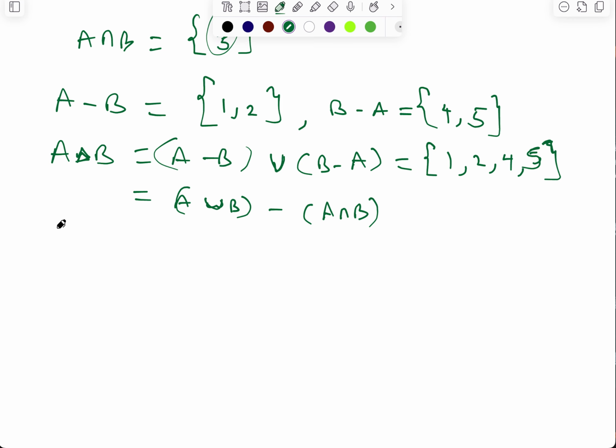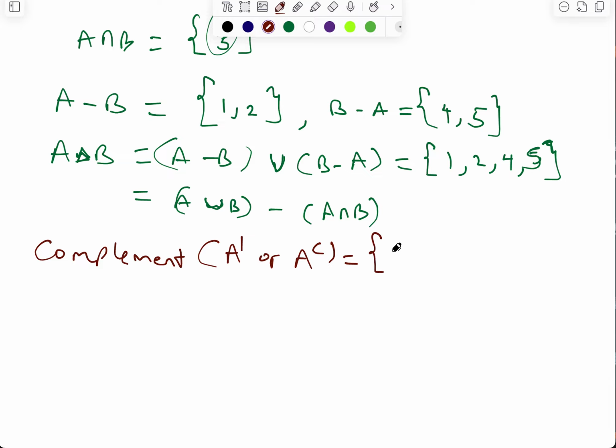And then we have what we call the complement of a set. This one we denote using either A prime or A superscript C. What is the complement of a set?